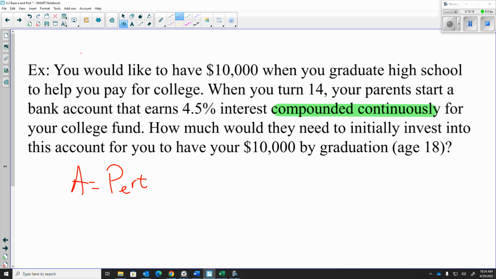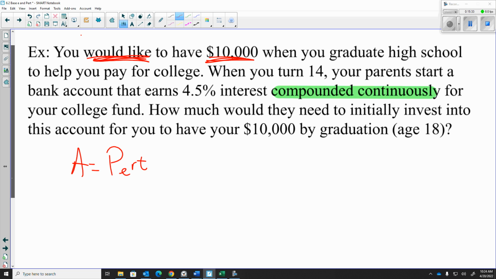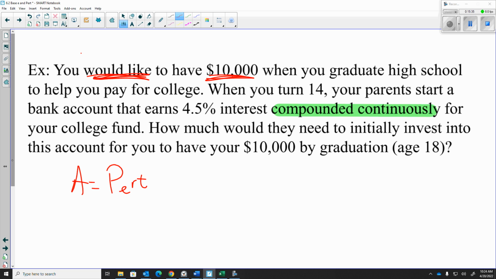What do you have? Okay, how do you have A? Yes, you want to have $10,000. Do you have $10,000 right now? No, you want 10,000. That's a final amount. So that is A. What else do you have?